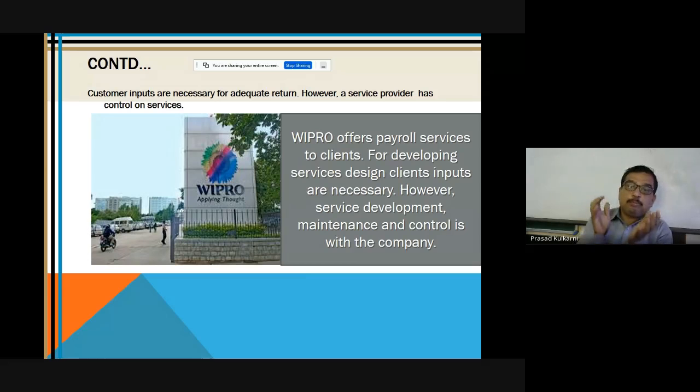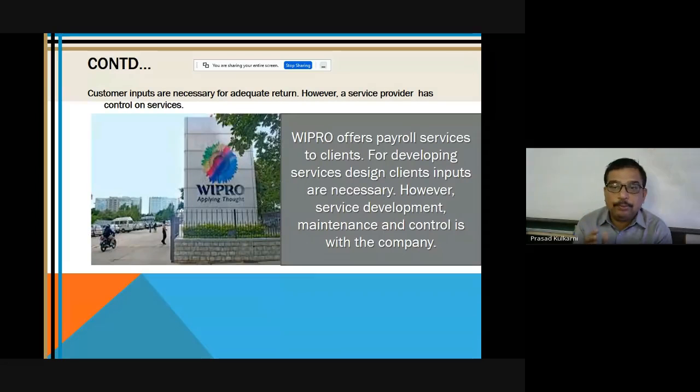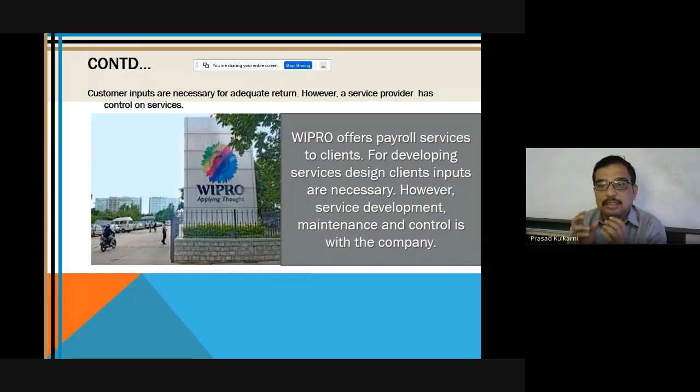For developing the payroll software for client X, Wipro needs to get the data from the client about what is to be included: taxation, ESI, provident fund, gratuity, other details. So it enables Wipro to design the services effectively. Therefore, the inputs are necessary for Wipro to customize the software to the client.